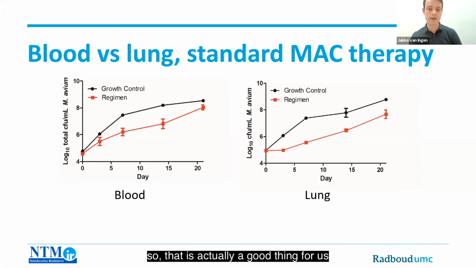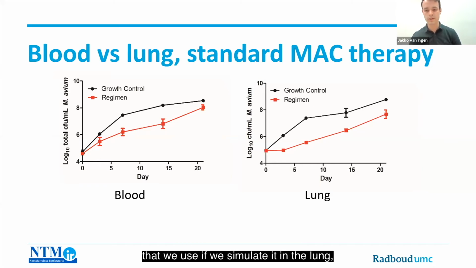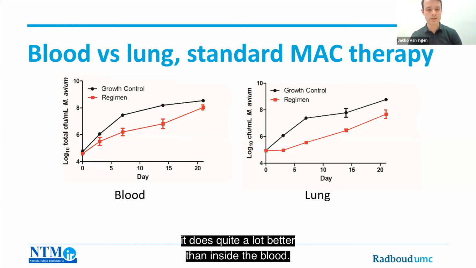So that is actually a good thing for us, because this means that our antibiotic regimen, if we simulate it in the lung, does quite a lot better than inside the blood.